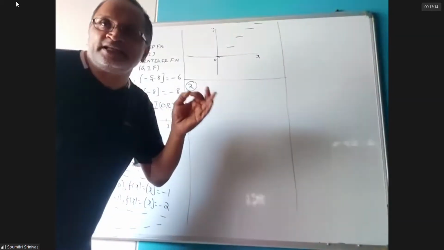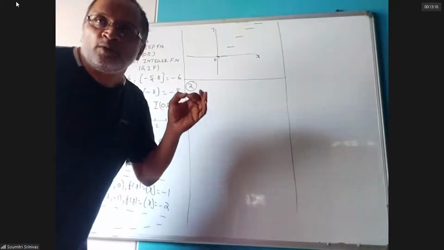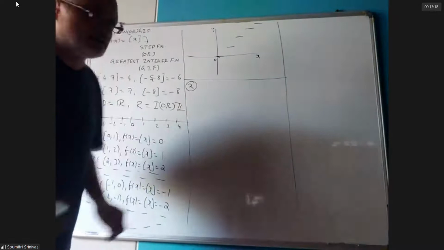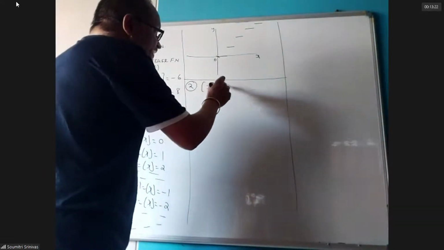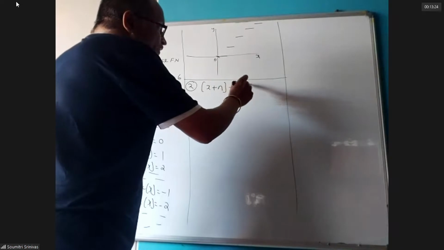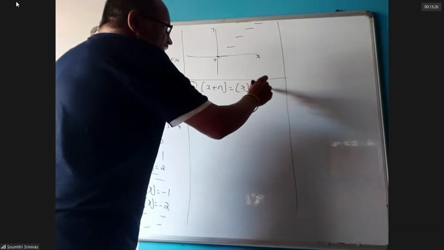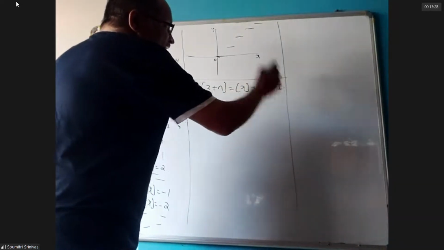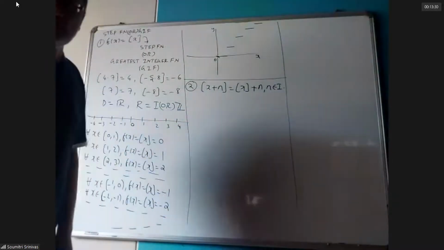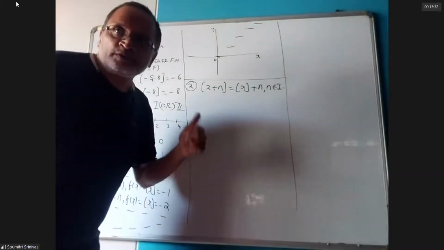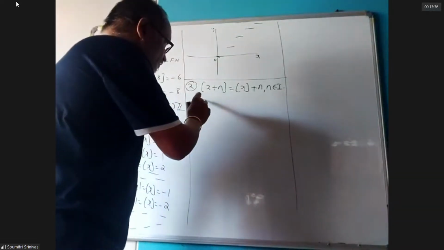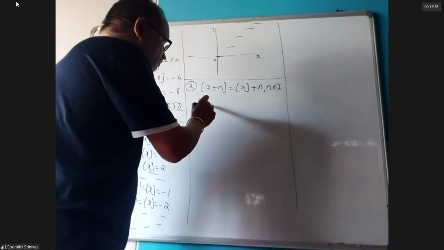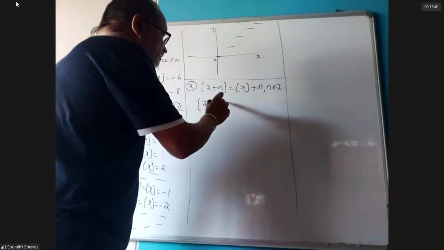Whenever n is an integer, step of x plus n, very, very important one, equals step x plus n. What am I trying to say? Say step of 2.3 plus 4.